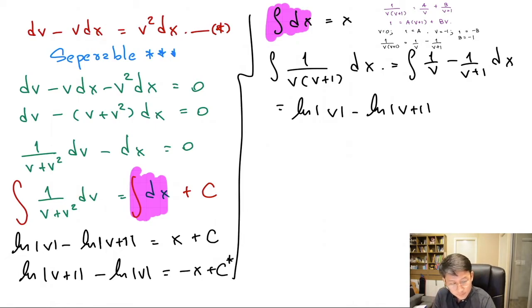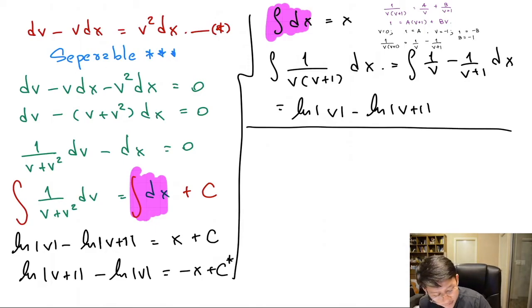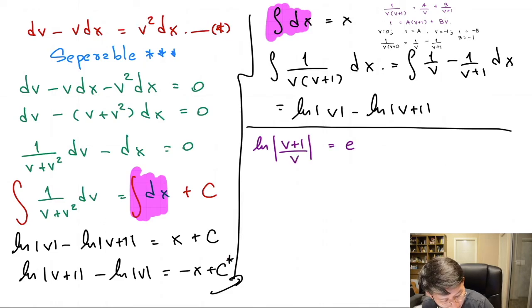So from there, we have log of v plus 1 divided by v equals minus x plus c star.